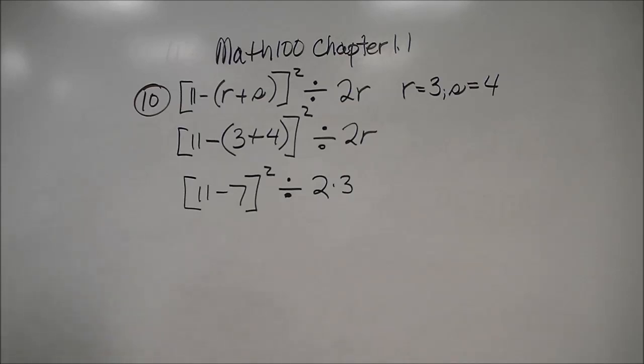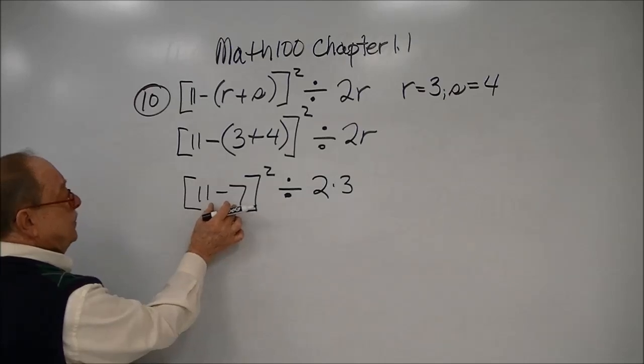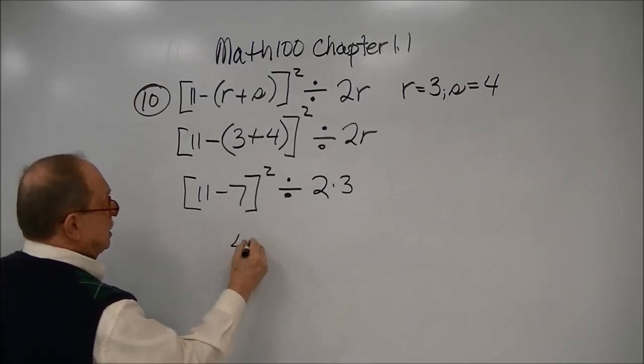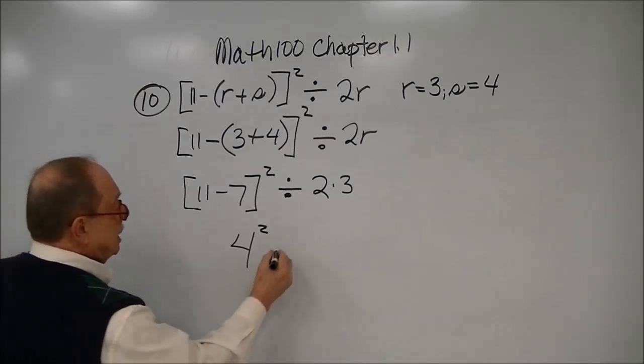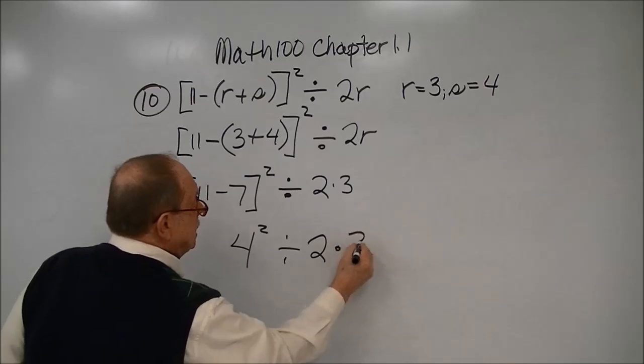Okay, that's a little tricky. So this is going to be a 4. That we're going to square. And then divide it by 2 times 3.